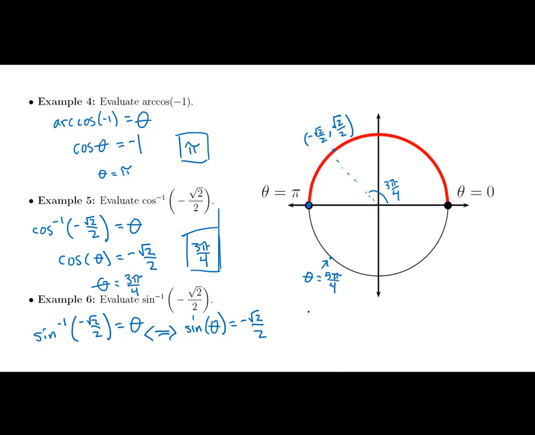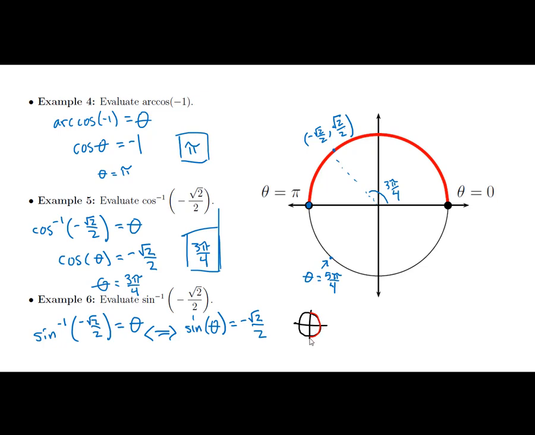I have to go back to the picture of the unit circle, but I need to go back to the one for sine inverse so that I know what angles the inverse sine spits out. And remember, it spits out angles between -pi/2 and pi/2.